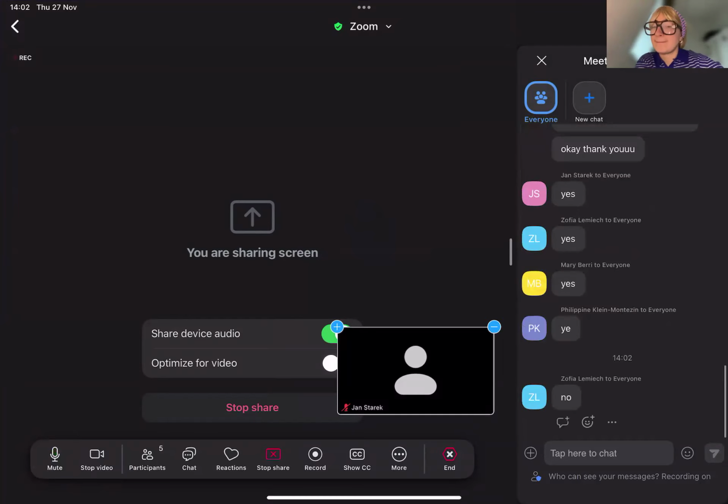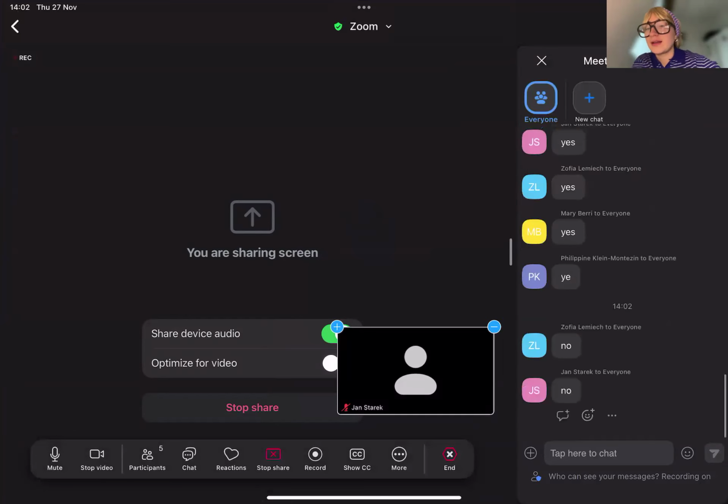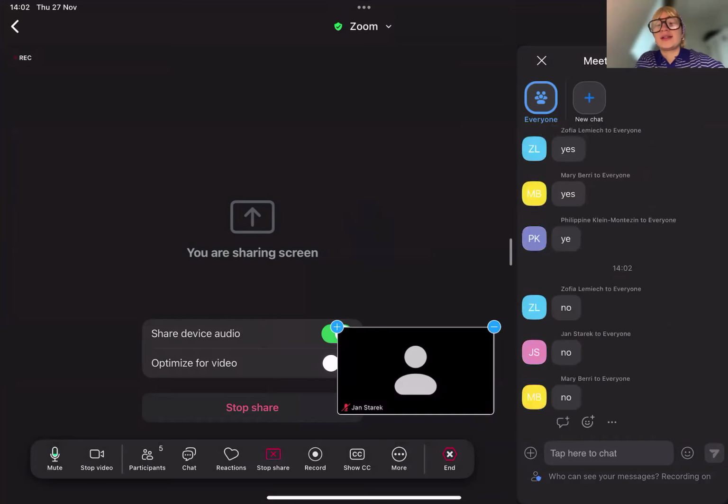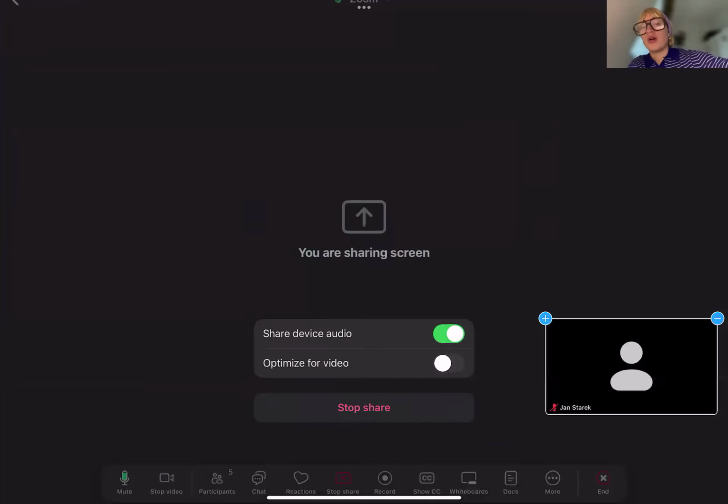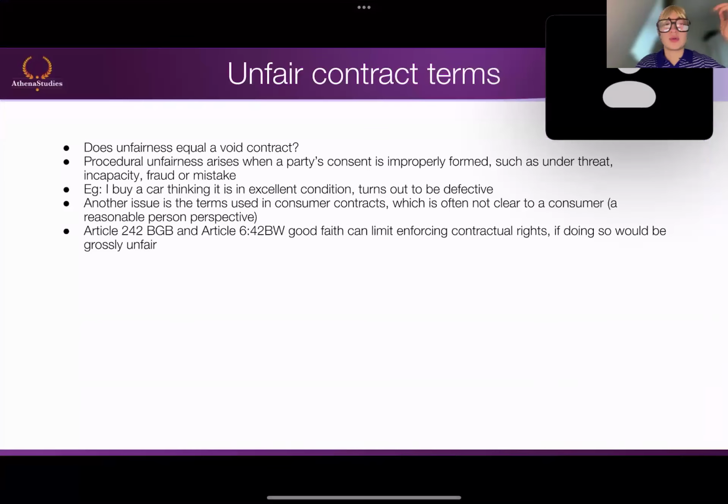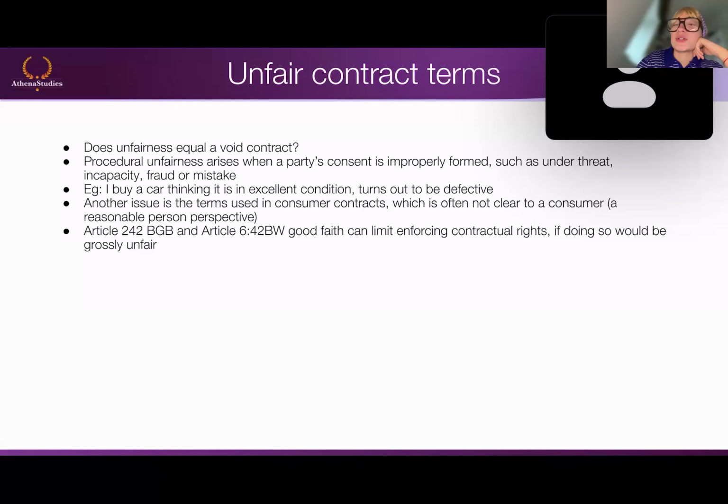What about others? No, no, yes. You are all right. Of course, it would be ideal if it was like that, but it's not like that, right? There are two types of unfairness: procedural unfairness and substantive unfairness. Procedural unfairness, off the top of my head, would be, for example, a contract formed under incapacity, under duress, under threat.